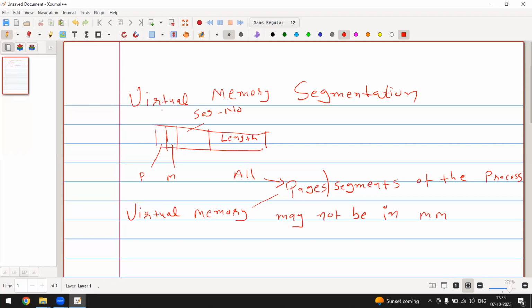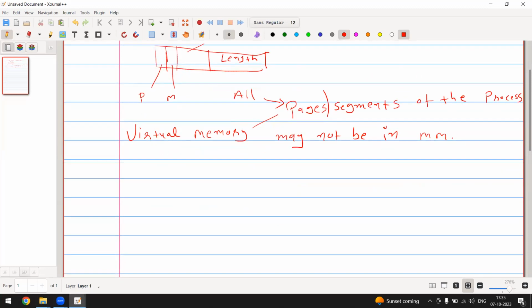So this is the overall concept of segmentation or paging in the virtual memory scheme: paging and segmentation remain as they are, but all pages and all segments of the process need not be in the main memory in order to execute a process.